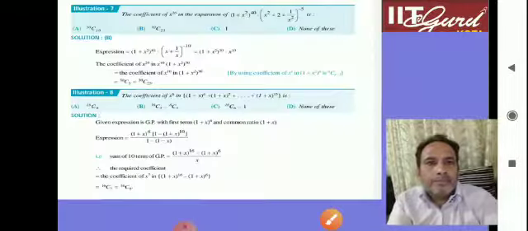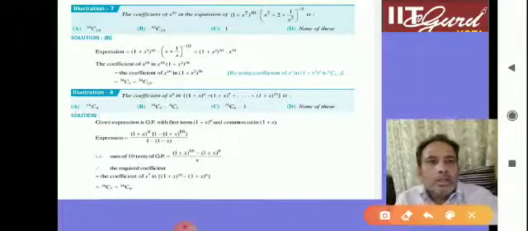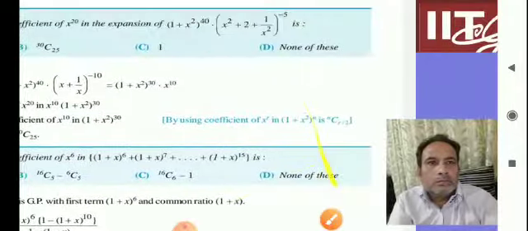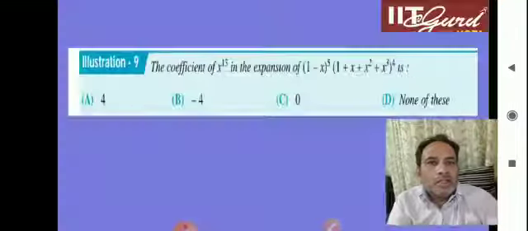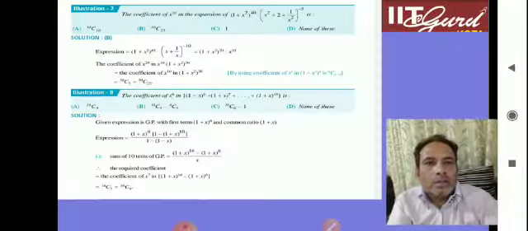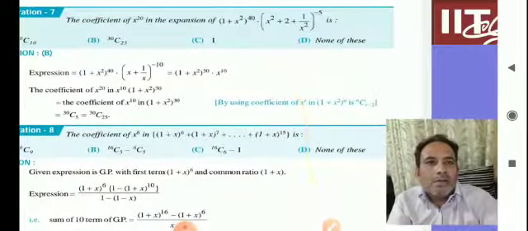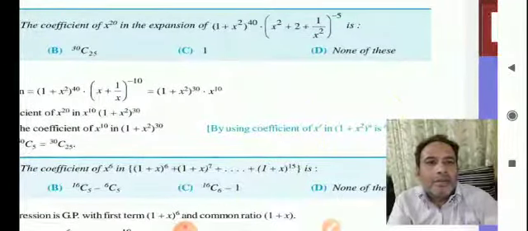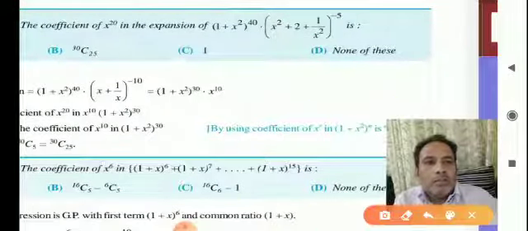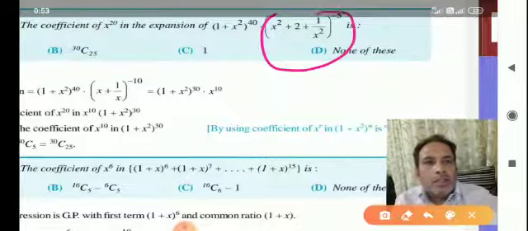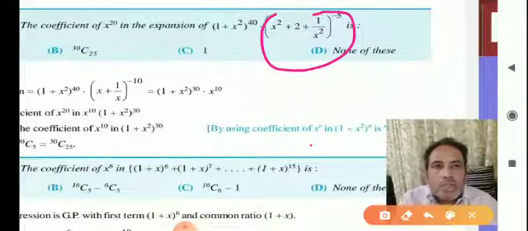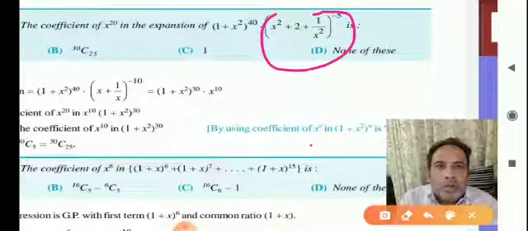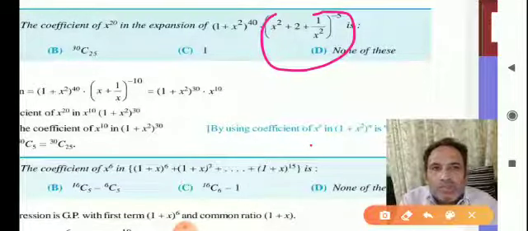Let me see this second term, that is x square plus 2 plus 1 upon x square to the power minus 5.